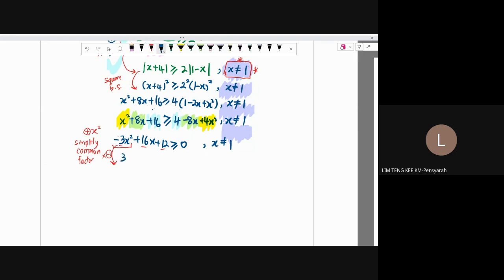The quadratic will turn out to be 3x squared - 16x - 12 less than or equal to 0. And for the inequality sign, be aware that when you multiply by a negative, it will change direction, turning into less than or equal. And once again, we state the condition: x shall not equal 1.